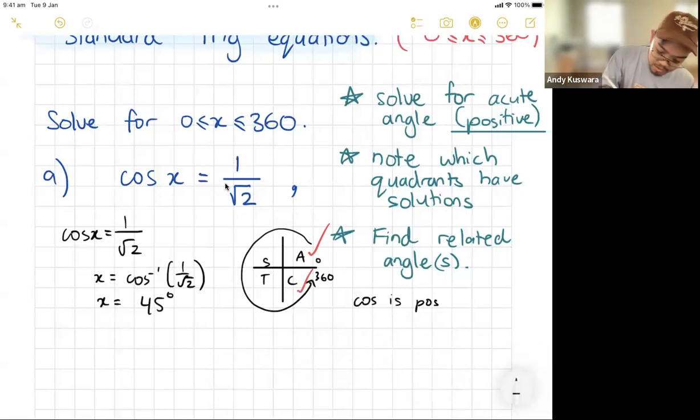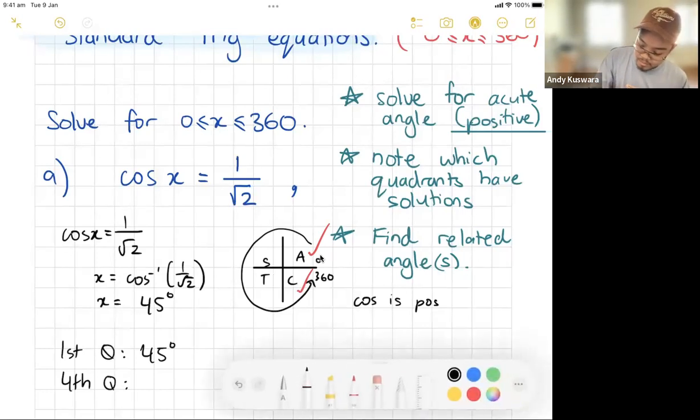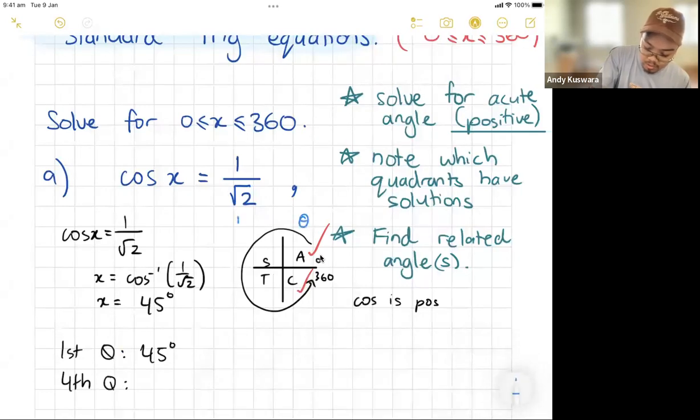So let's find my first quadrant answer. I've already found it. 45 degrees is between 0 and 90, so that's my first quadrant answer. The other one I'm looking for is the fourth quadrant. And how do I find my fourth quadrant answer? Hopefully you remember, if that was theta, this was 180 minus theta, this was 180 plus theta, and the last quadrant was 360 minus theta.